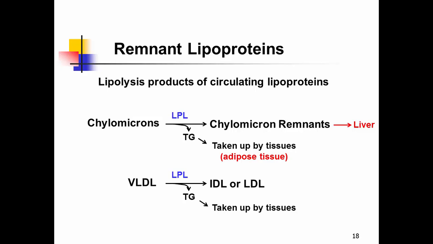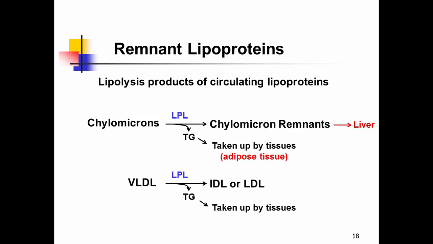And you also know, right, this LPL, lipoprotein lipase, is critical to break down the triglyceride in the chylomicron into fatty acids and glycerol, and fatty acids are then able to be taken up by the fat cell, the adipose tissue.